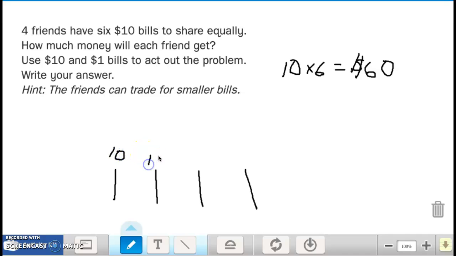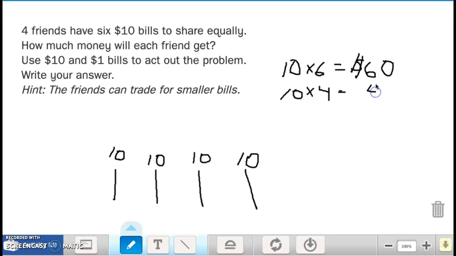We're going to give $10 to this kid, $10 to this kid, and $10 to this kid. So how much would that be? 10 times 4 is 40. Okay, so we've used 40 of our dollars.